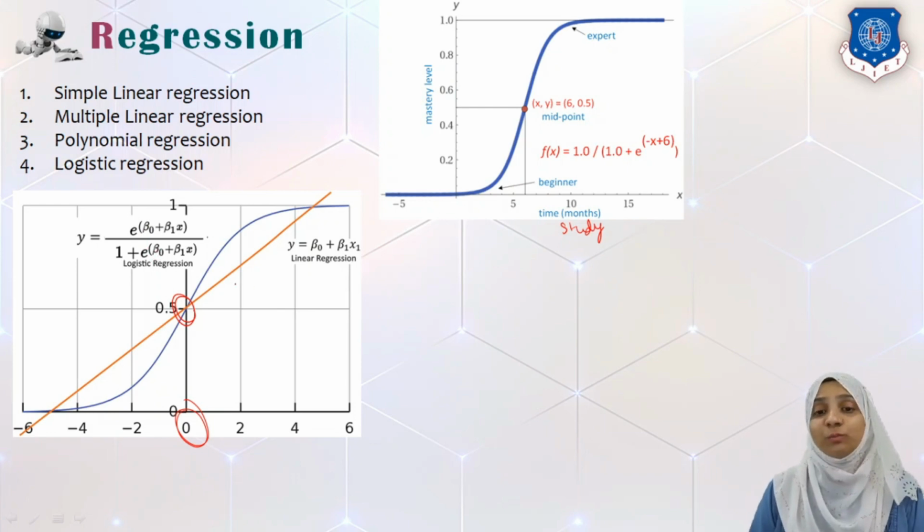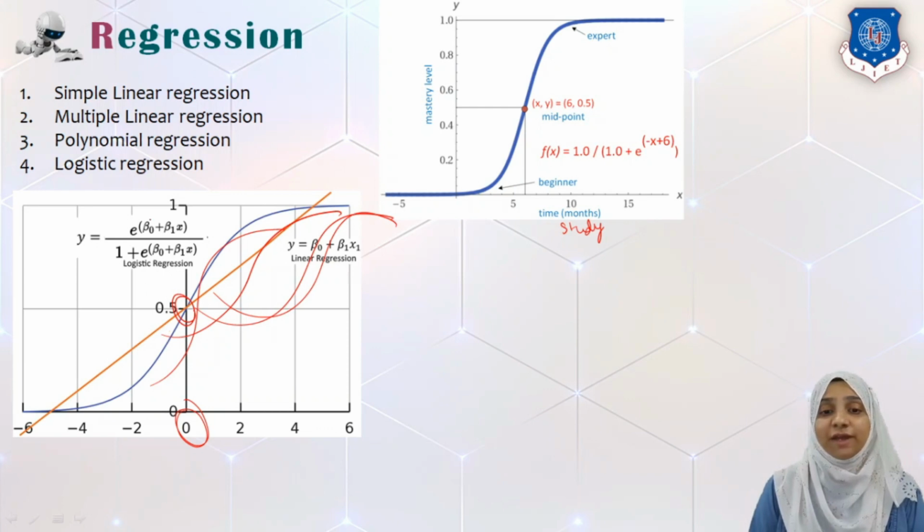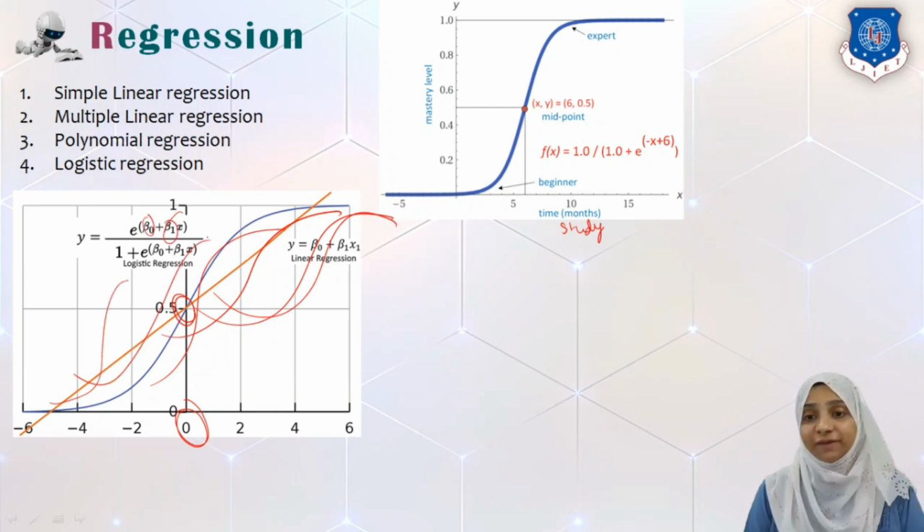Now we have to move this sigmoid function in such a way that our data gets fitted. So we will change the values of b0 and b1 such that this function gets shifted. Here, for some data, it gives our midpoint at x equal to 6.